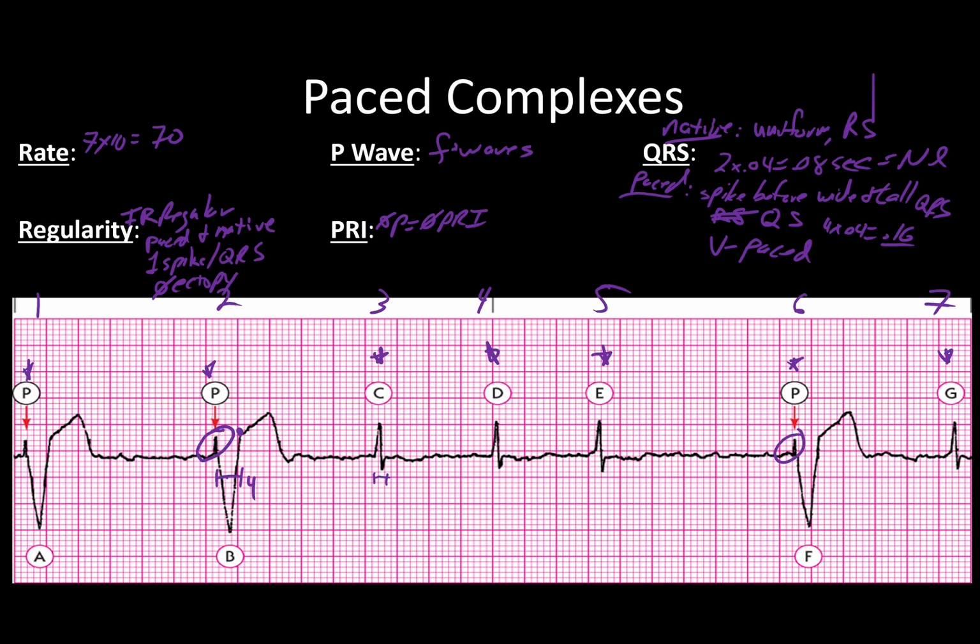If we were going to just go ahead, wrap it up, and call it what it is: AFib with demand ventricular pacing. And that is your official name for this one.